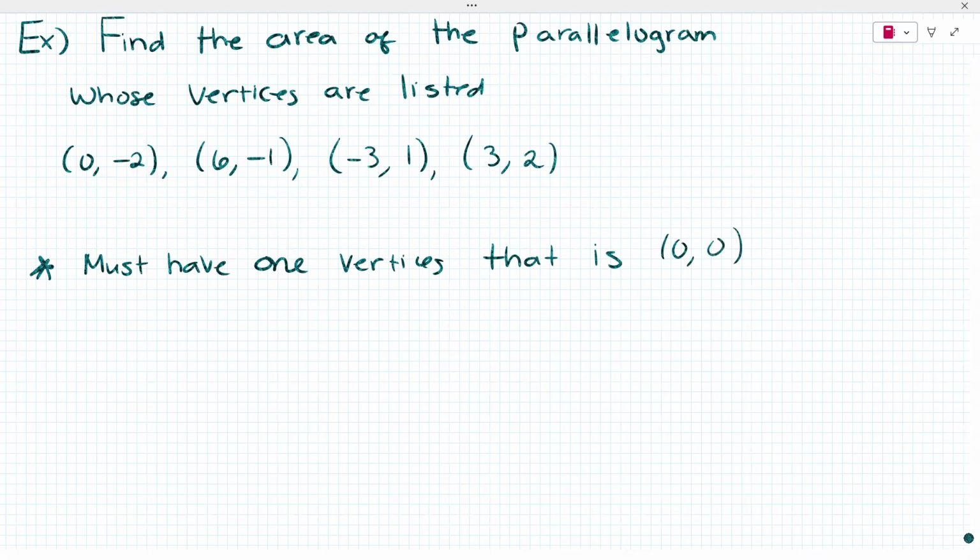Since we do not have an origin point, what do we do? We must translate it.